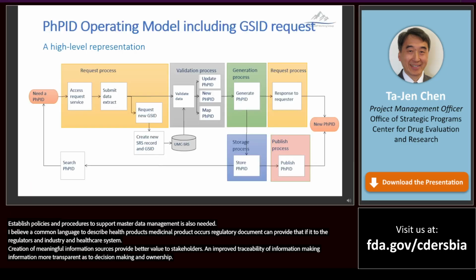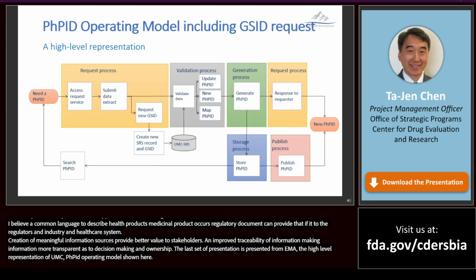The last set of presentations, about HL7 FHIR, is presented by Panagiotis Telonis from EMA. A high-level representation of the UMC PhPID operating model is shown here. On the very left, when a requester needs a PhPID, he will submit medicinal product data to UMC.